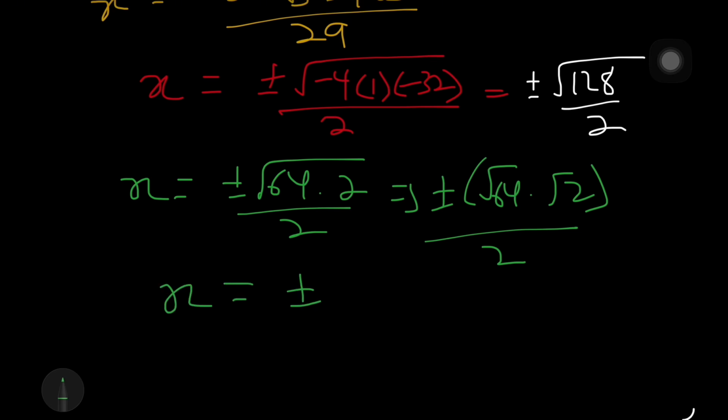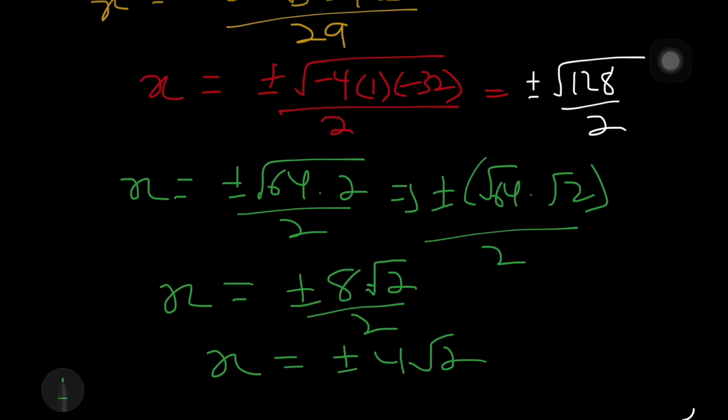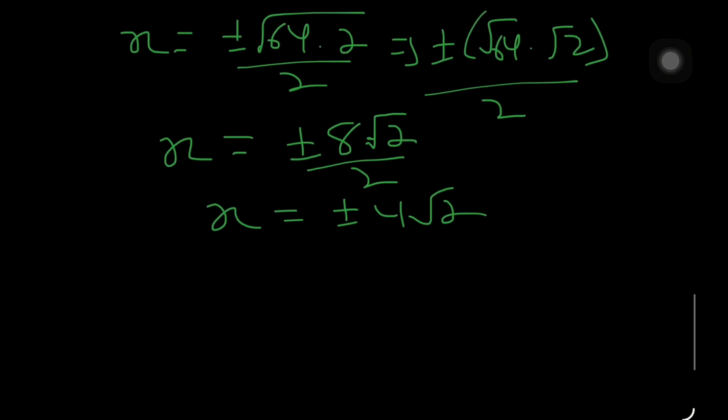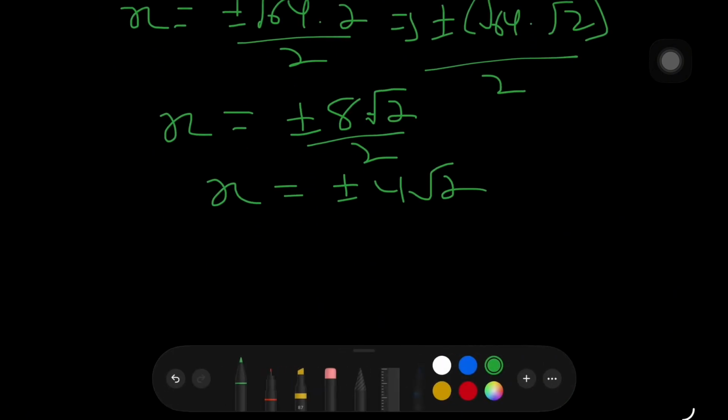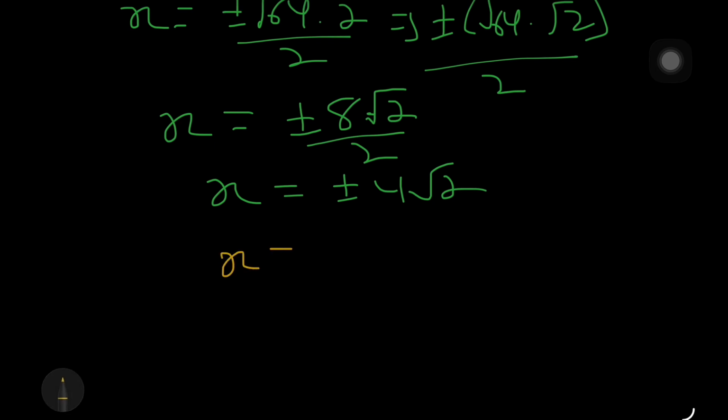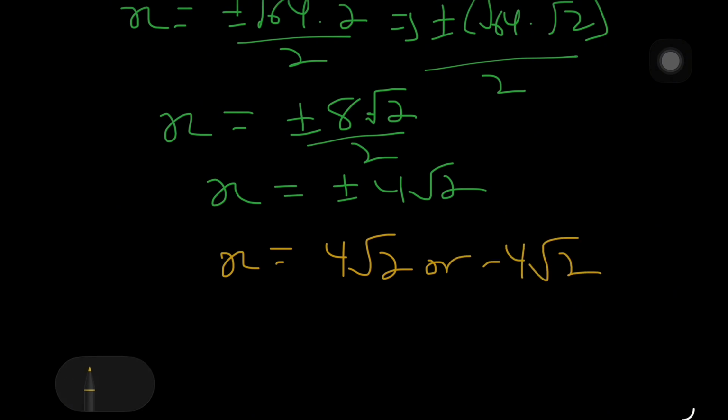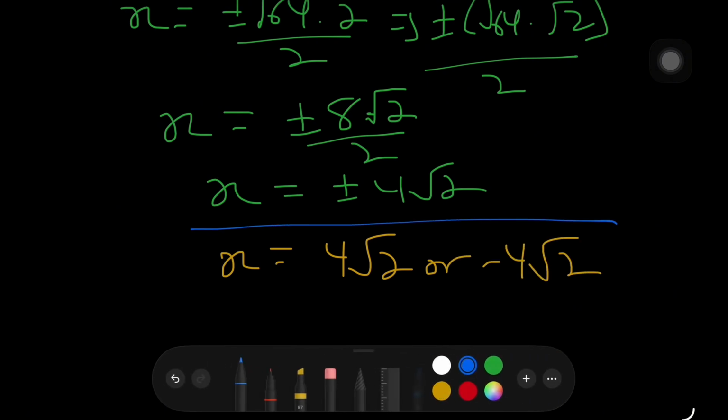So x is equal to plus or minus square root of 64, which is 8, multiplying square root of 2, all over 2. x will be plus or minus 4 with square root of 2. So that we have our x to be equal to 4 square root of 2 or negative 4 square root of 2 as our final answer.